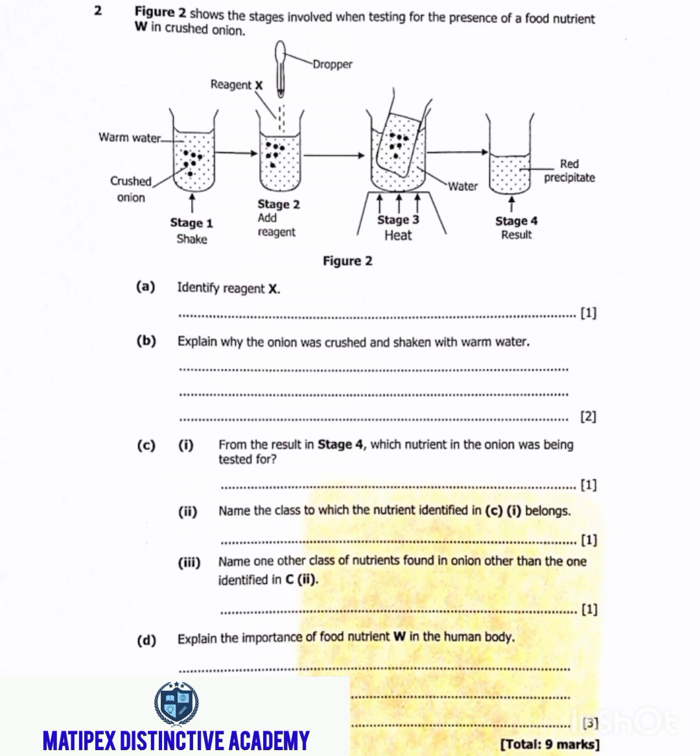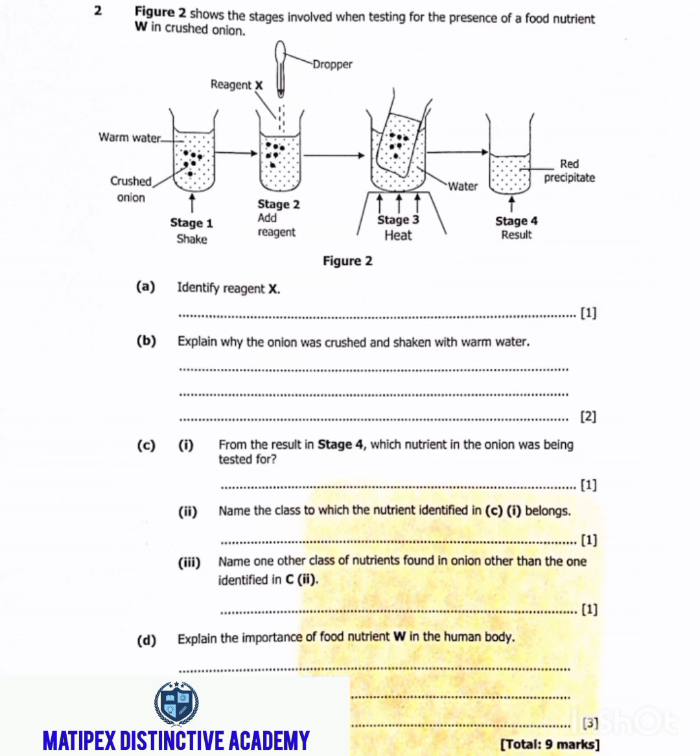Question C, Roman numeral 3. Name one other class of nutrient found in onion other than the one identified in C, Roman numeral 2. So they want us to mention another nutrient found in onion other than carbohydrates.